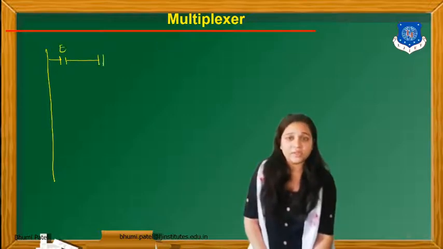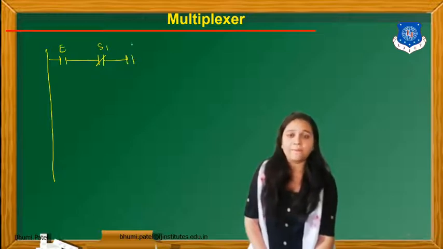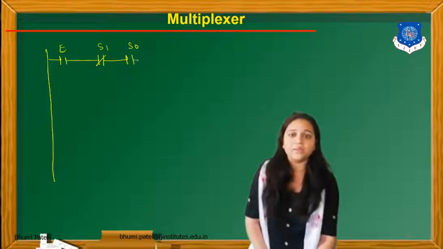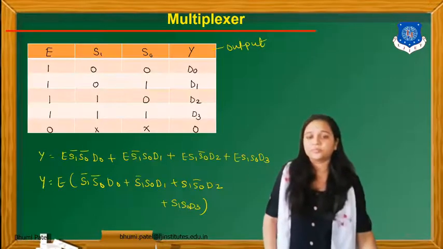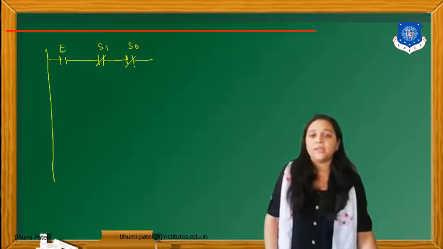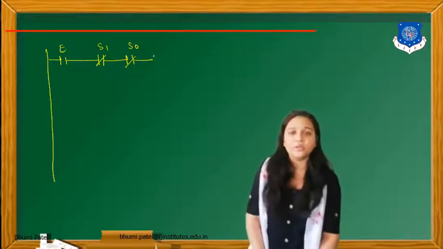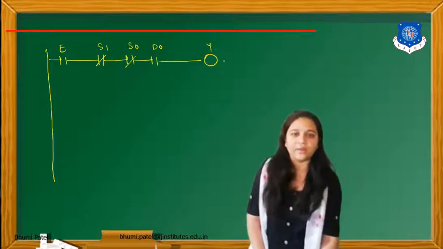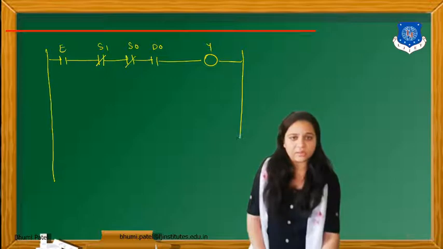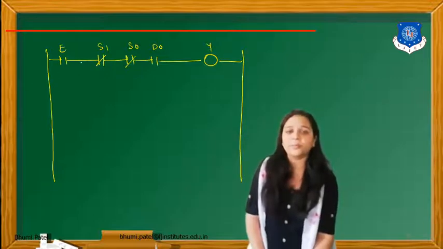Then the first condition is S1 complement S0 complement and the third one is D0. Here you can see that D0, that time the Y is on, so we can put here D0 and this is my output Y.